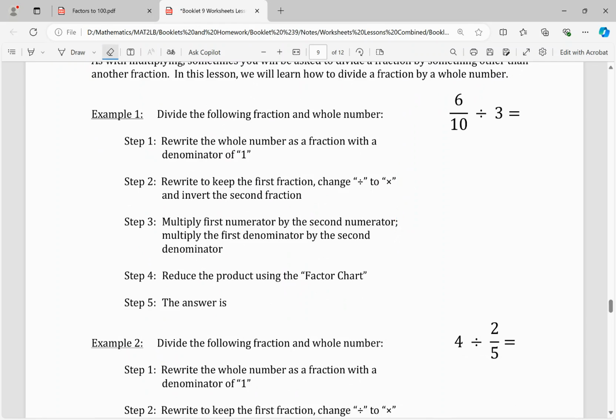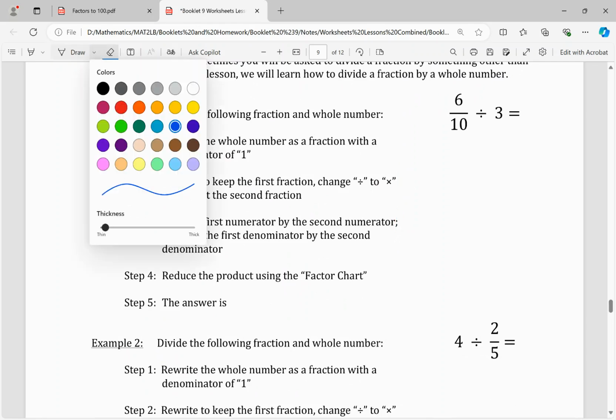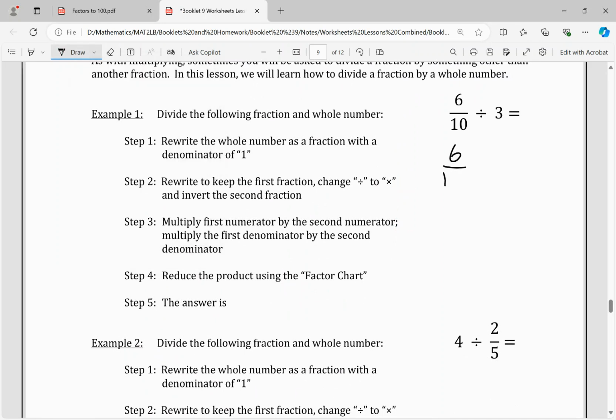Here we have 6 over 10 divided by 3. Now, please remember that when you have a whole number, you can write it as a fraction by placing it over 1. So we can write this as 6 over 10 divided by 3 over 1. Right? So we're using the same steps as previous lesson videos.